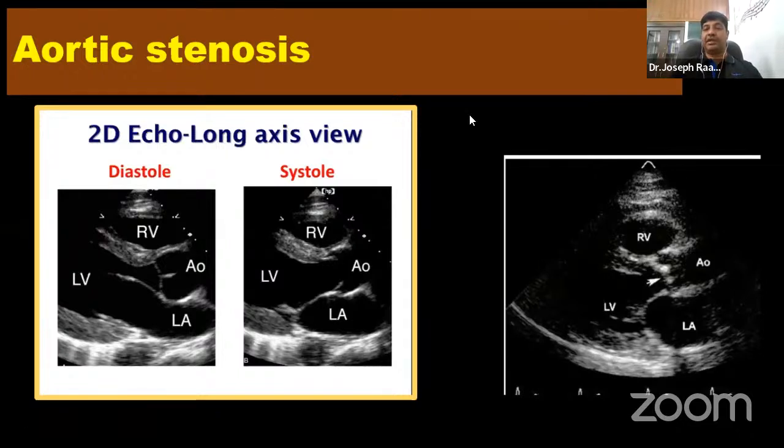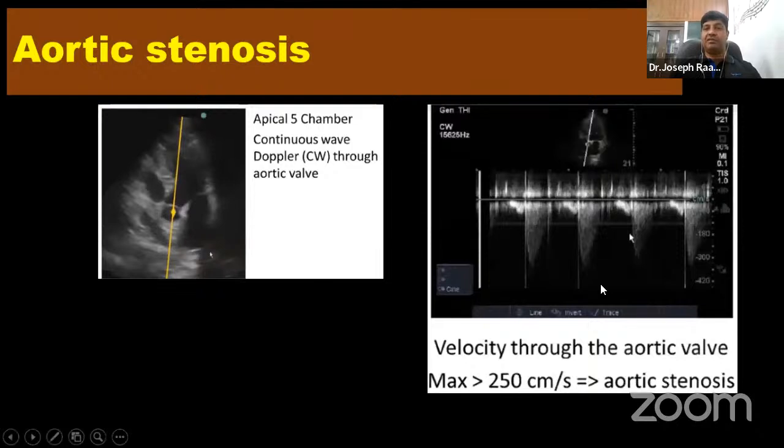But at the same time, if you get a thickened valve like this in the plax view, that should raise a suspicion that this is a calcified aortic valve, and that this patient may have aortic stenosis. So how are we going to do this? For this, you need to do a simple Doppler study. We get an apical 5-chamber view, and you know how to get that.